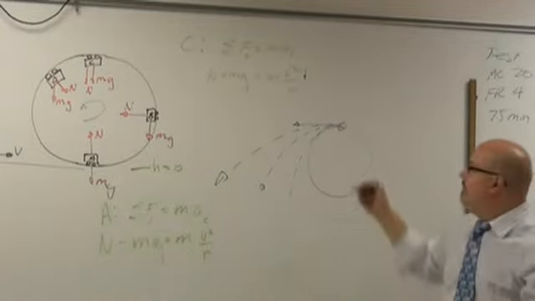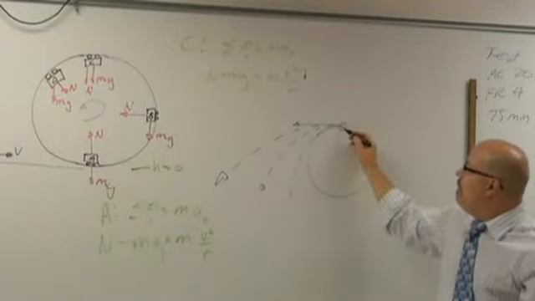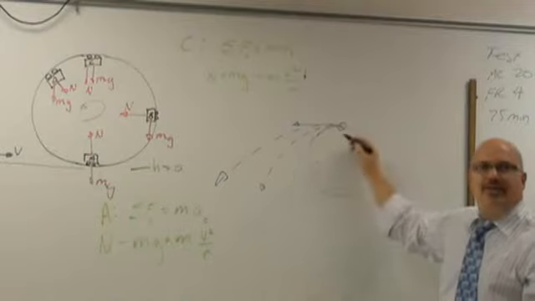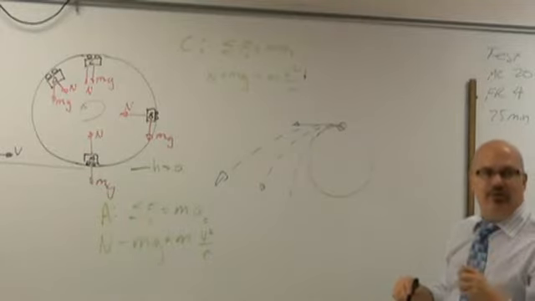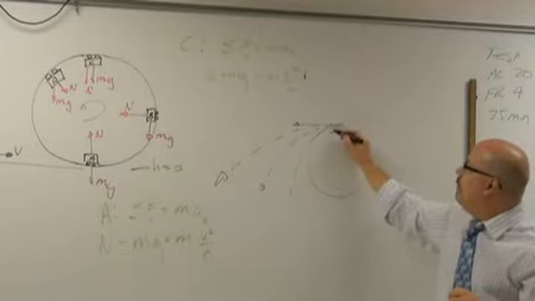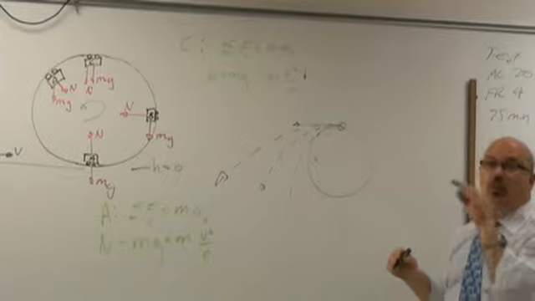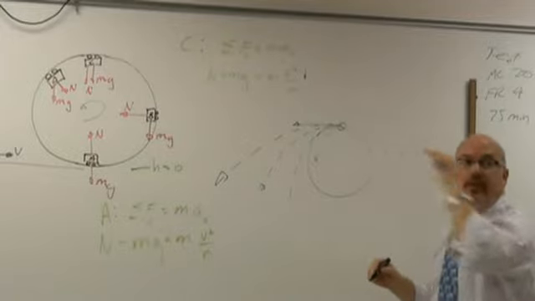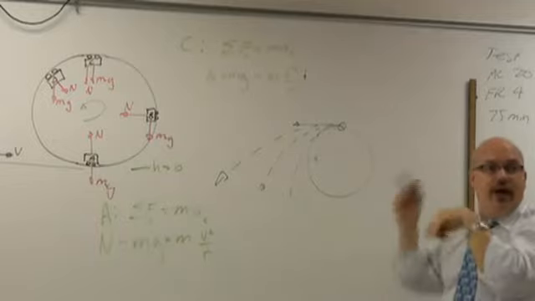At that point, you don't have to pull on the string to keep the ball going in the circle because it's in the same arc as the circle. So what happens if you go slower? Then it falls out of the circle. Does that make sense? Because it doesn't want to go in the arc of the circle. It wants to go in an arc less than the circle. So you'll fall out.